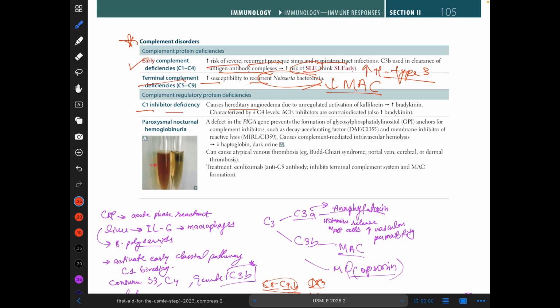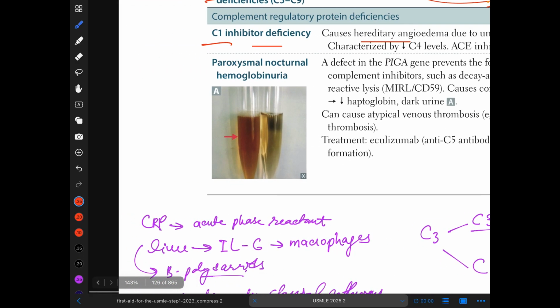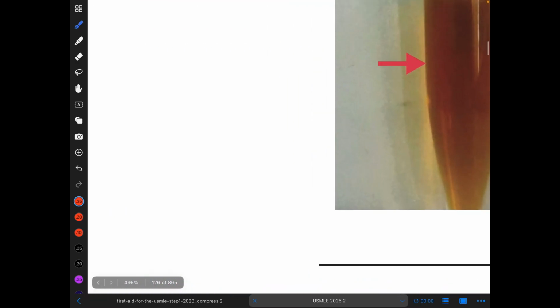This is a very important topic. The hereditary angioedema is due to deficiency of C1 inhibitor protein, which has many functions beyond the complement system. What they do is break down bradykinin, a vasodilator, and deficiency leads to a high bradykinin level.